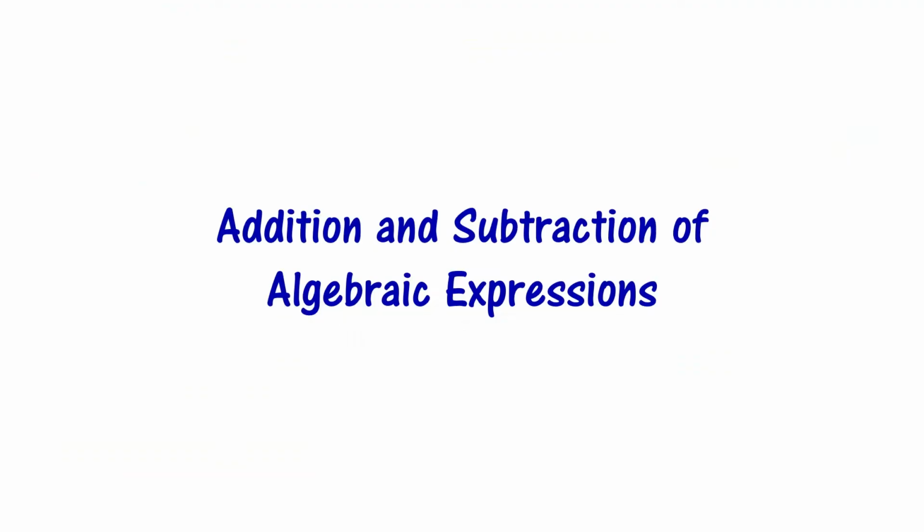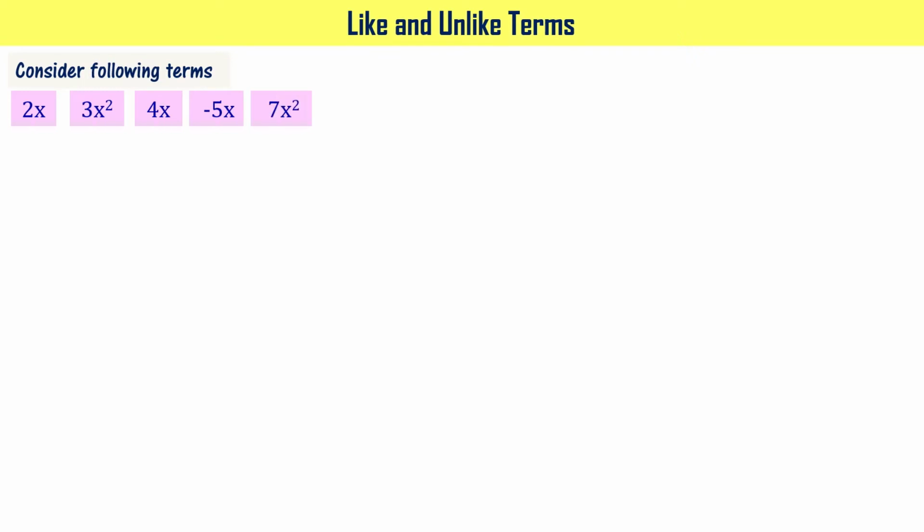Let us now learn about addition and subtraction of algebraic expressions. Before that, let's understand like and unlike terms of algebraic expressions. Consider the following terms: 2x, 3x square, 4x, minus 5x, 7x square, 7x cube, 2y, 3xy square, 4y, 8xy square.